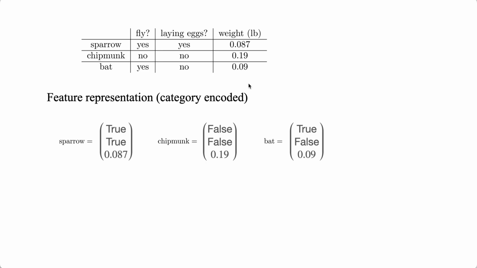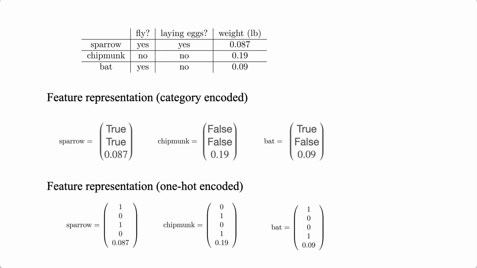So for something which is categorical binary, we can simply fill in true or 1 if it flies, or false or 0 if it doesn't. And we can represent true, 0.087 as our sparrow. Not too hard.